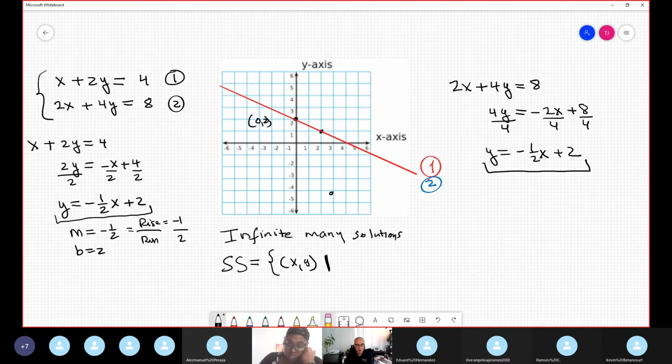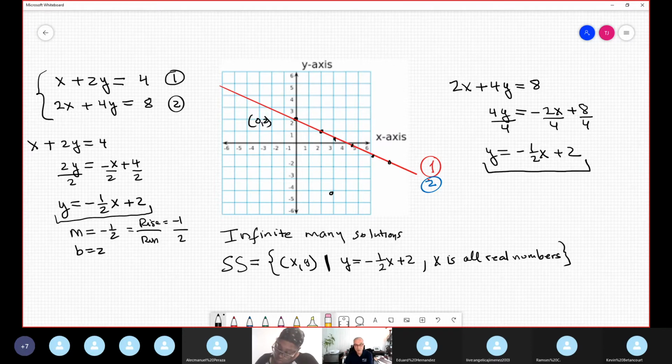Take either equation, solve for y, so you discover it's the same, and you copy y equals negative 1/2 x plus 2. You put the comma and you declare that x is all real numbers. And this is the symbolic way to indicate all the points on the line. This point, this point, this point, this point, this point. Okay.